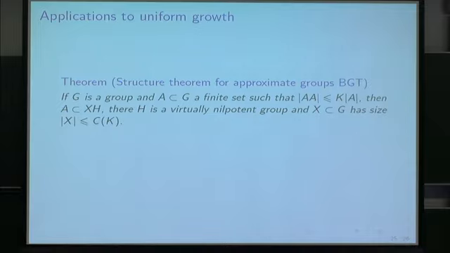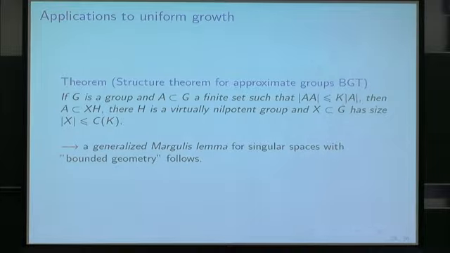If you have an arbitrary group, an arbitrary finite set, suppose you have this inequality on the size of products, where k is some number, then the set A can be covered by a bounded number of cosets of some virtually nilpotent group. And from there you can derive a Margulis lemma, which is very general, holds for singular spaces and just of bounded geometry in the sense I'm going to say.